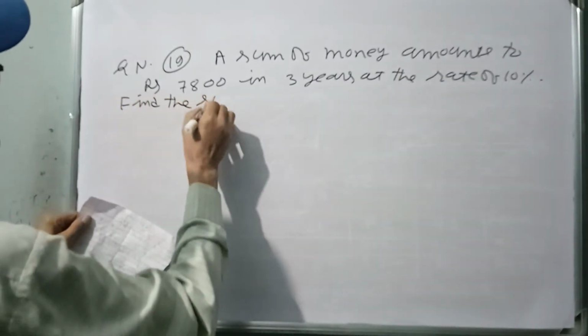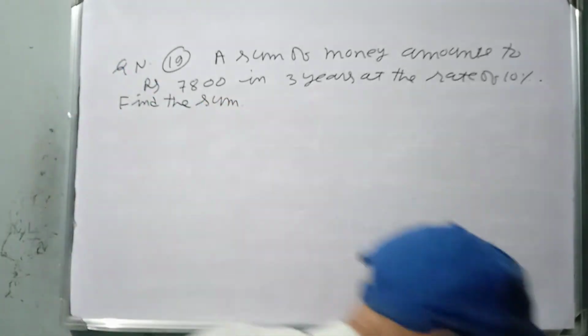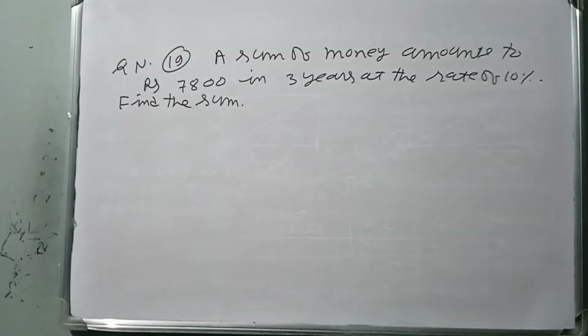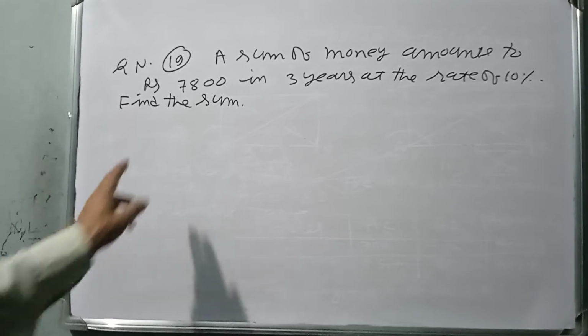Find the sum. See, find the sum of money which amounts to rupees 7,800 in 3 years at the rate of 10%.